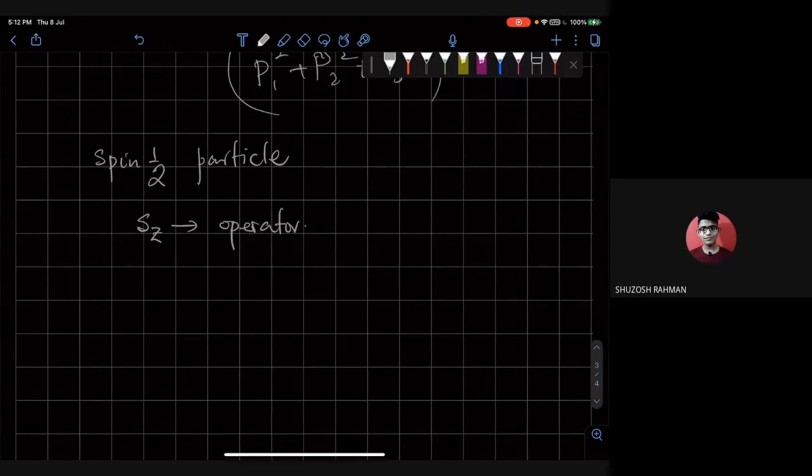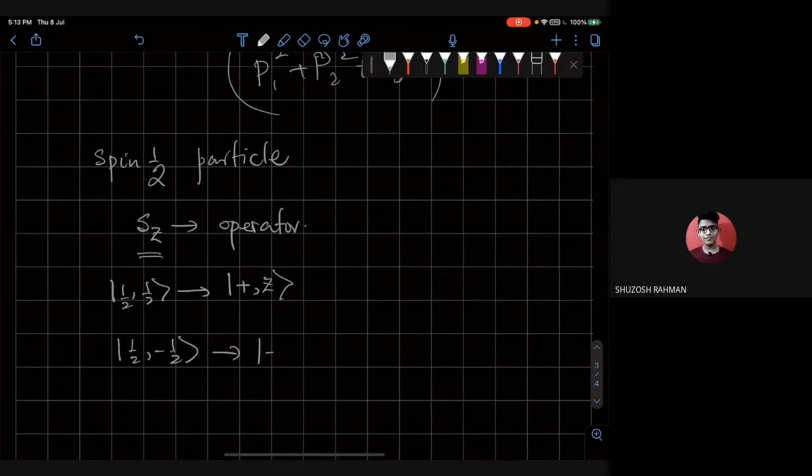Okay, so the eigenbasis, we said plus for the state one half. We are writing it as plus, but because this is going to be the eigenstate of the S_z or S_3 operator, I'm going to put a small z here. And similarly, the half minus half, the spin down state is going to be this thing.